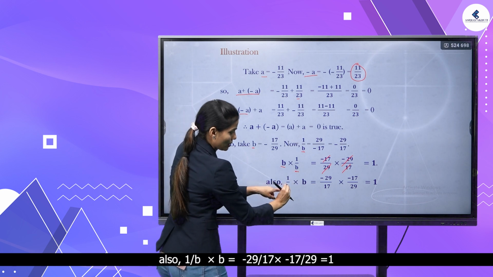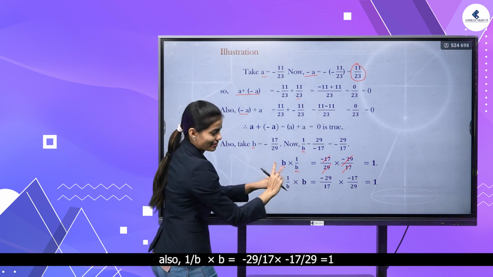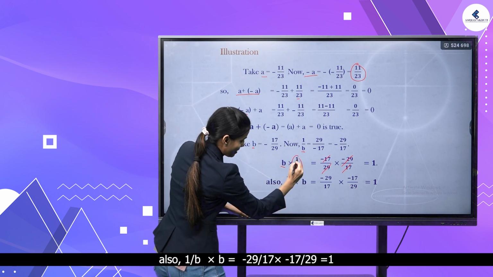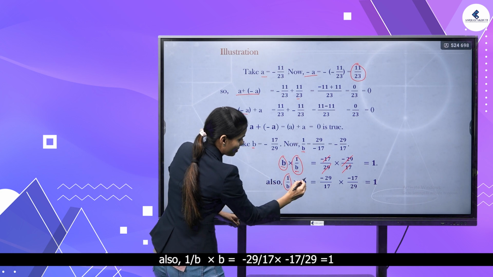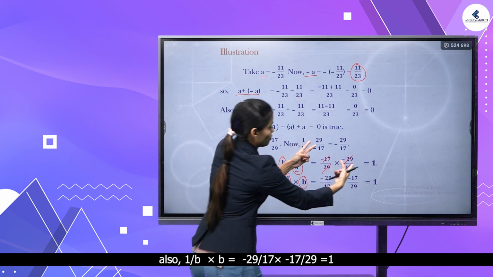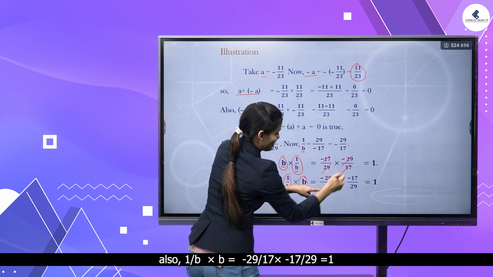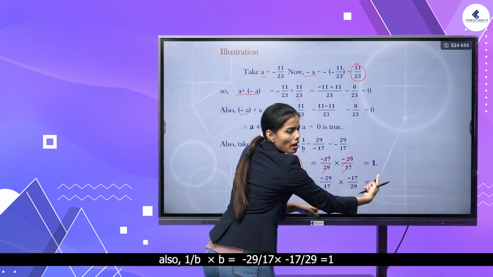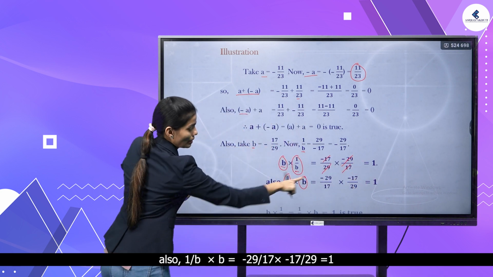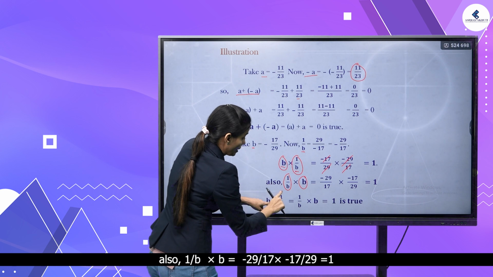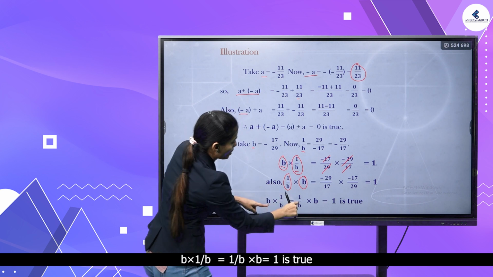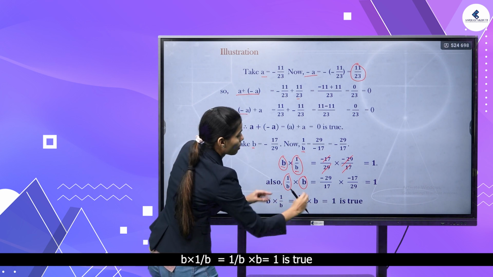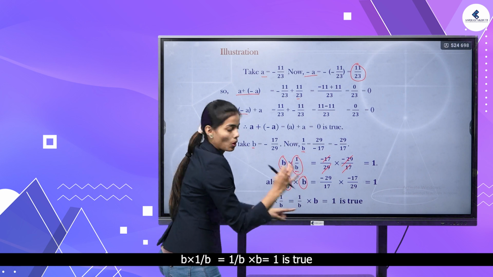Also, 1 by b into b is equal to minus 29 by 17 into minus 17 by 29 is equal to 1. b into 1 by b is equal to 1 by b into b is equal to 1 is true.